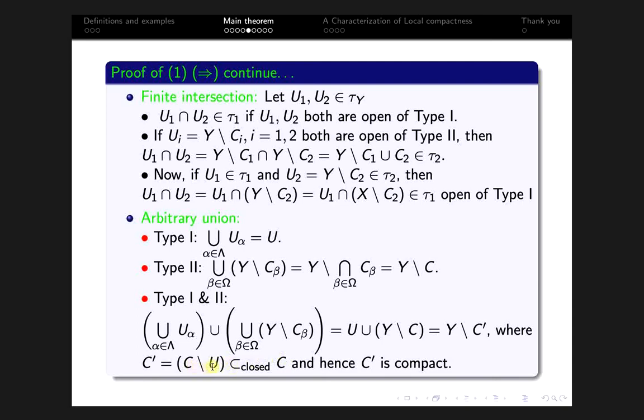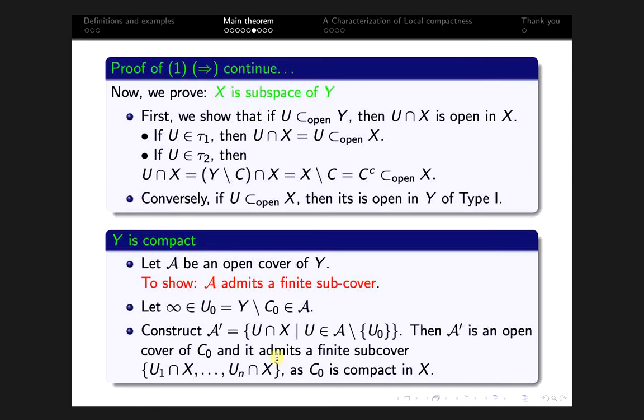A closed set minus an open set is closed, and C prime is a closed subset of a compact set, so C prime is also compact. Therefore we have proved that tau Y is a topology on Y.